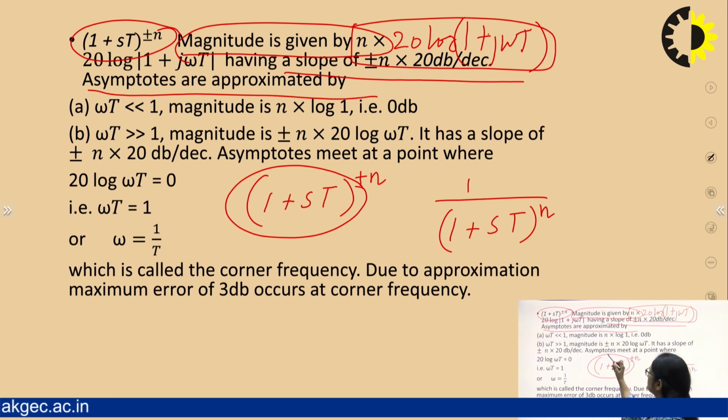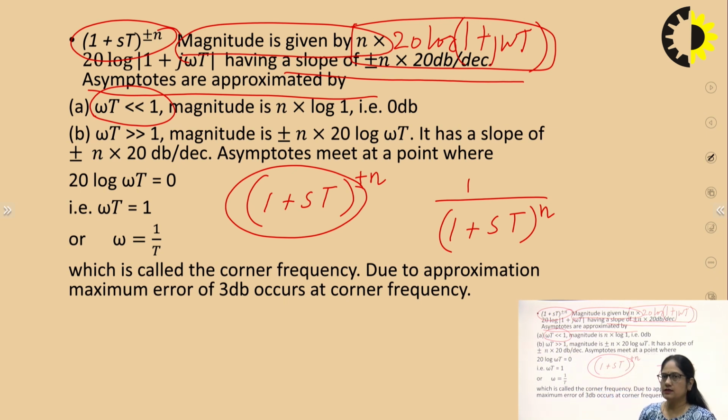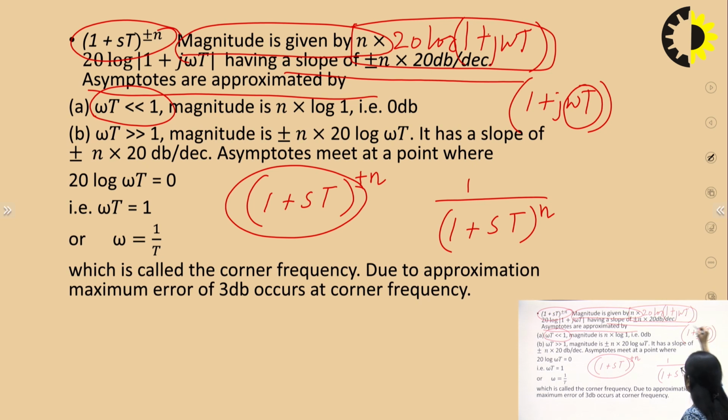Asymptotes are approximated with two cases. If omega T is less than 1, we are talking about this 1 plus j omega T. If this omega T value is very much less than 1, then the term will be neglected. So in that case, n into log 1 will be 0 dB.